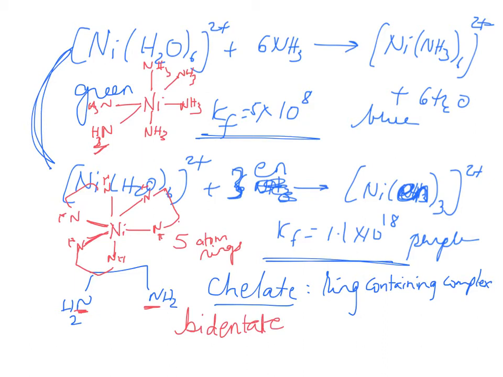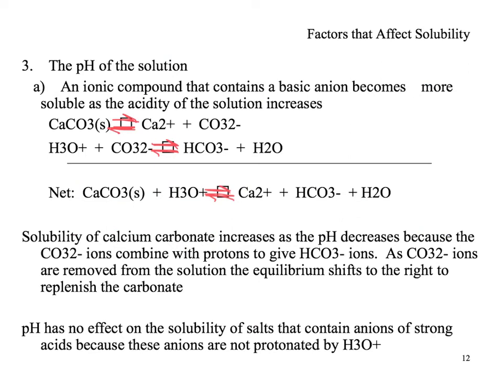Bi is for two, dentate for two sites where the teeth will bite the metal, if you will. So bidentate means two hooks for the point of attachment. On the other hand, ammonia is a monodentate ligand because there is only one nitrogen for the site of action.